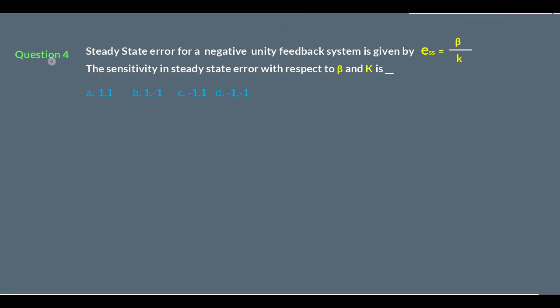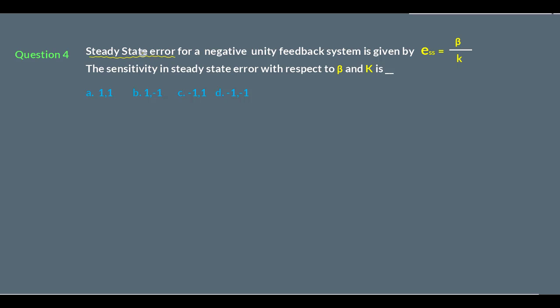So the question number 4 says, steady state error for a negative unity feedback system is given by ESS, that is beta upon K. Then the sensitivity in steady state error with respect to beta and K is, and you have these 4 options. Now you must be saying, what is this steady state error?